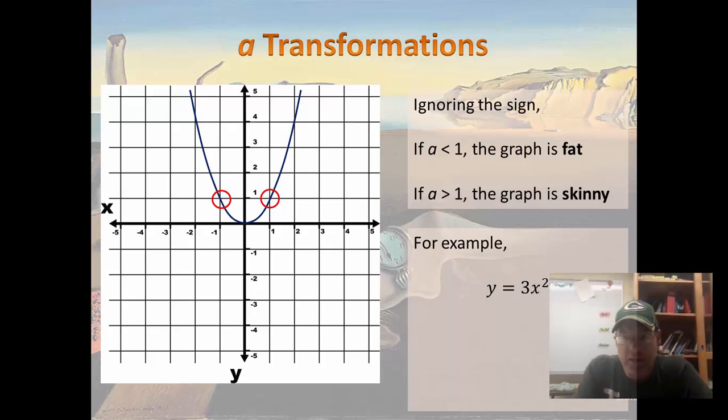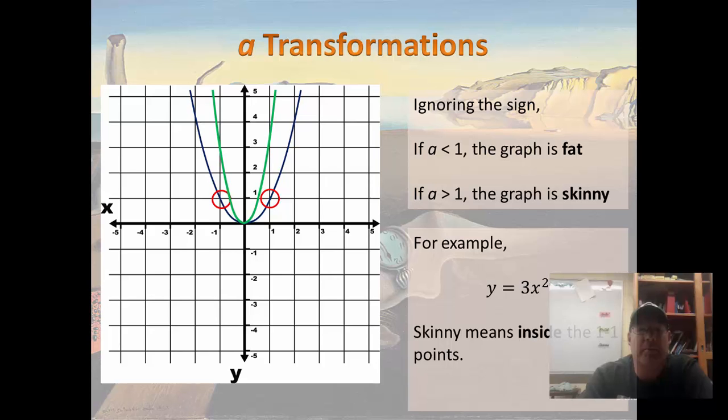So let's take a look at y equals 3x squared. It's obviously greater than 1, so that means it's going to be skinny, which means it's going to be inside of those 1, 1 points. If you want to be more specific on your graph, that basically means that it goes up 3 instead of 1.